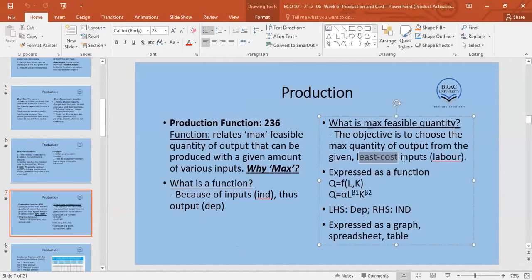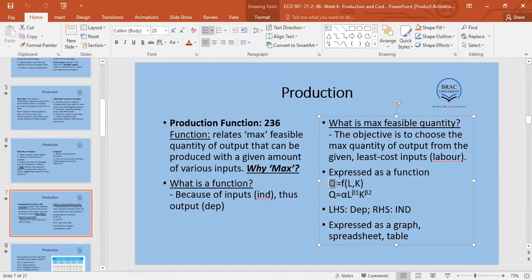Over here, least cost inputs. So our objective is to choose the maximum quantity of output, which is our product, from the least cost inputs. In order to kill mosquitoes, we can use our hands, we can use even cannonballs, we can also use aerosol spray. So which is the least cost input? We know which the least cost input is, and that is the input that we will be choosing.